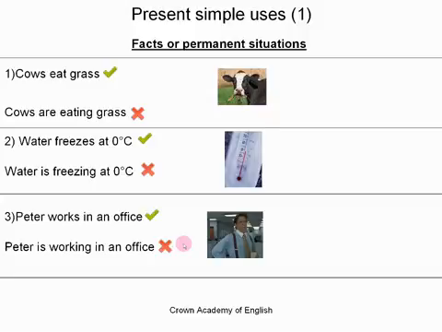Okay, so the present continuous is used for temporary situations, or something which is happening now but might not be happening in a few minutes or a few days' time. But this one, Peter works in an office, is used for a permanent situation. This is describing a fact. Peter works in an office.